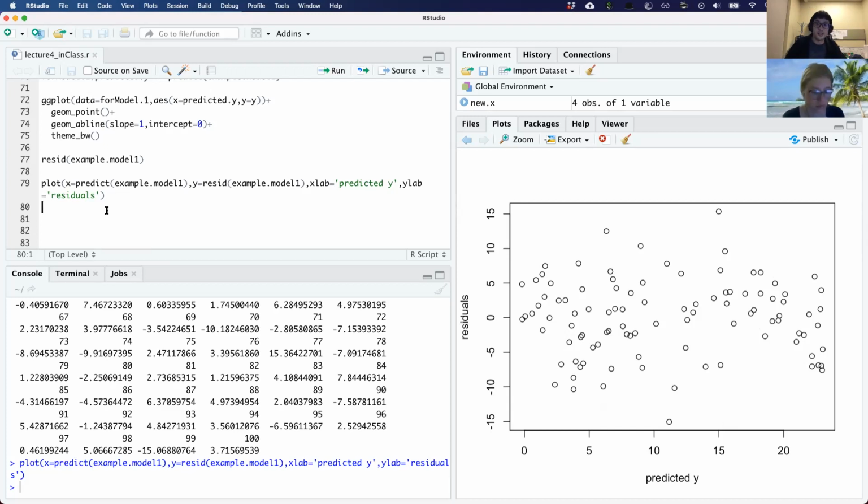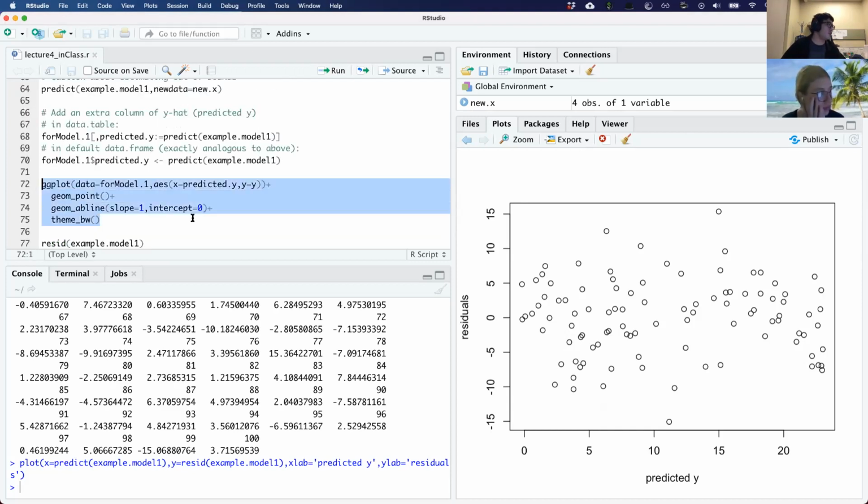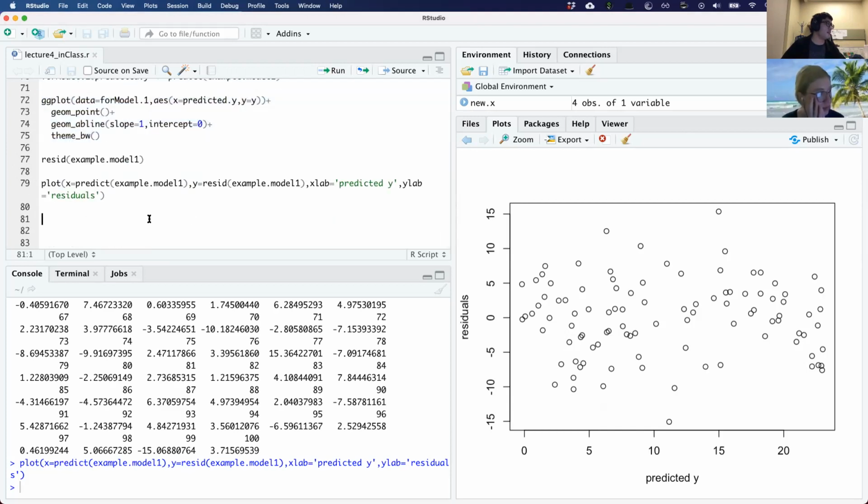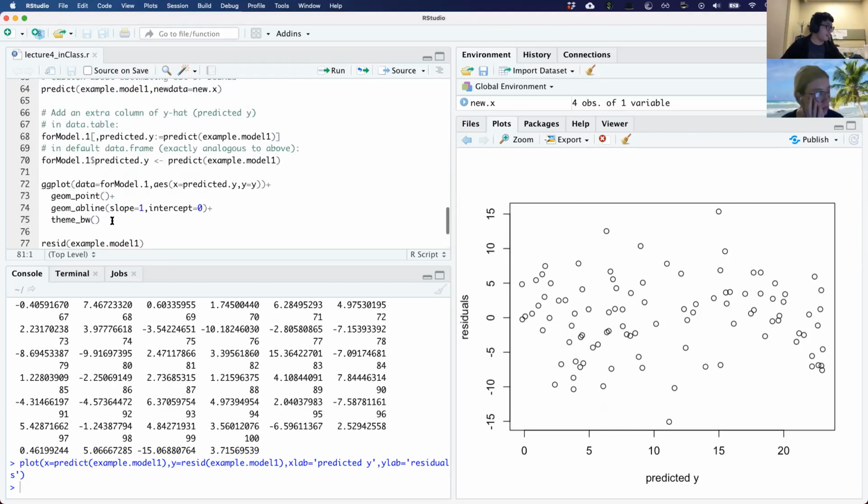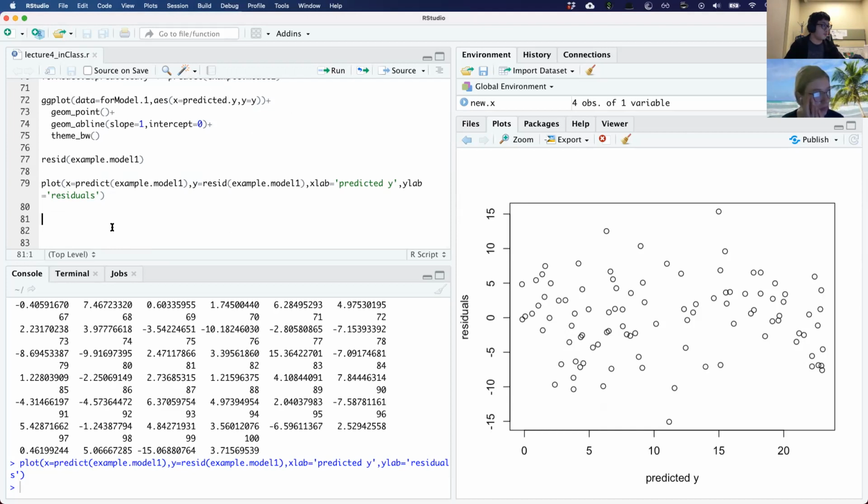All right. Since we actually have a little bit of time here, I thought it might be interesting to talk about some Ggplot examples of things that you could do, since I'm introducing it in this lecture.